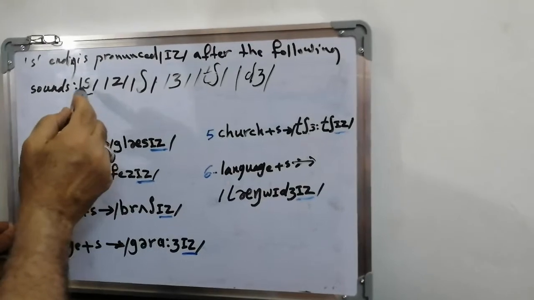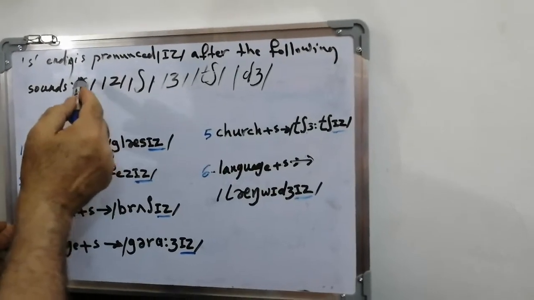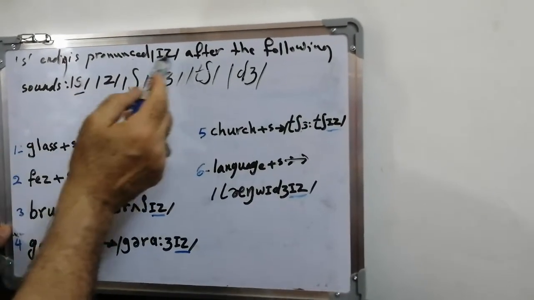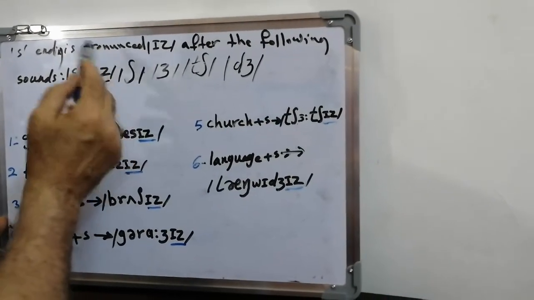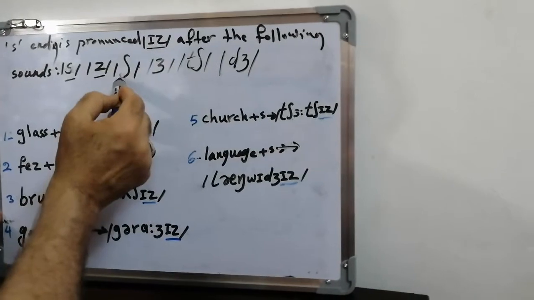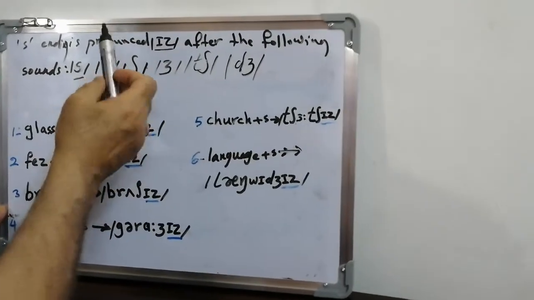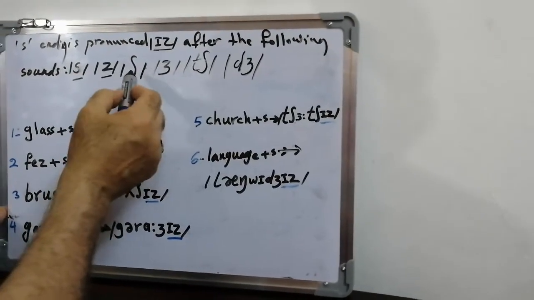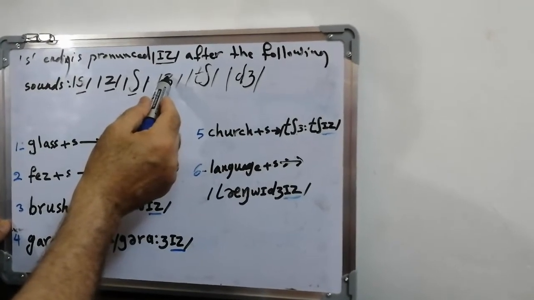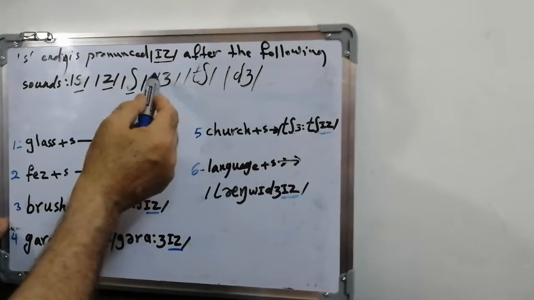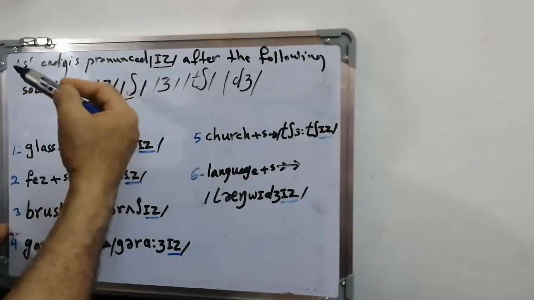When a word ends with the se sound, it is pronounced is. Also, when a word ends with the ze sound, it is also pronounced is. When it ends with the she sound, it is also pronounced as is. When the word ends with je, it is also pronounced as what?